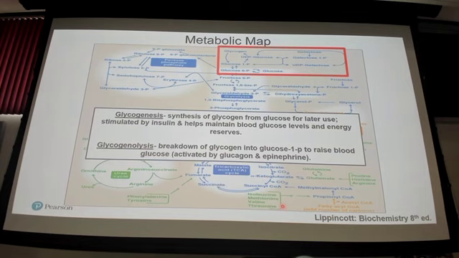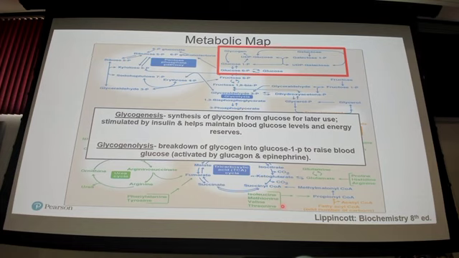That's going to cause our cells to take in the glucose, and it will be stored in the form of glycogen in the liver. So the liver cells are going to make glycogen.